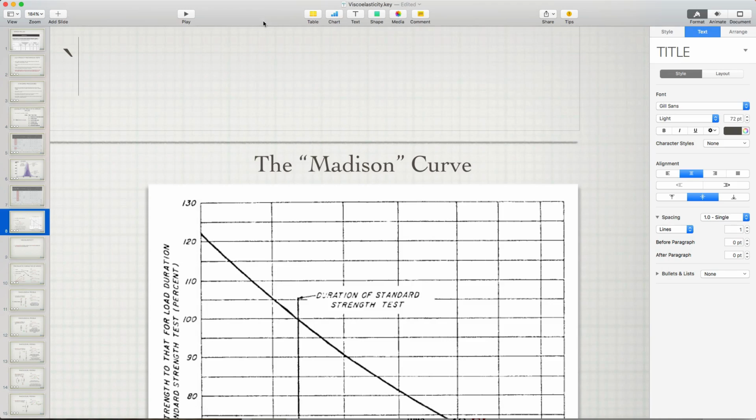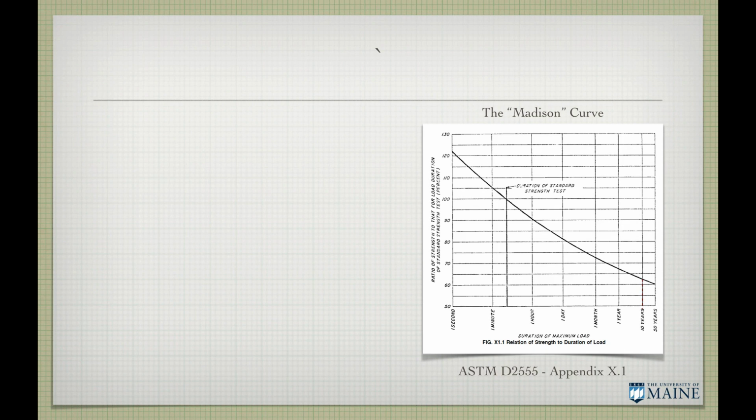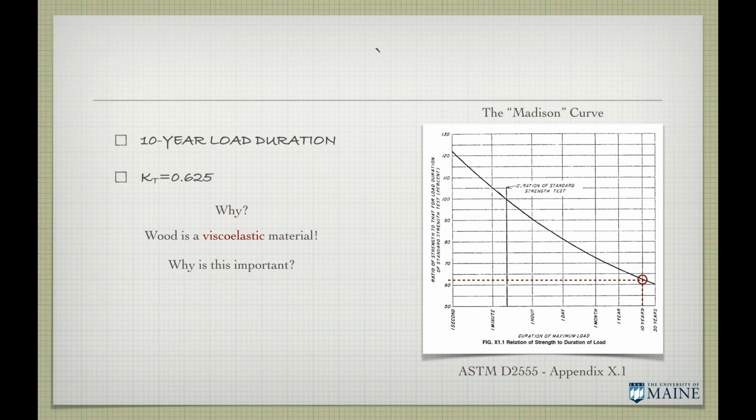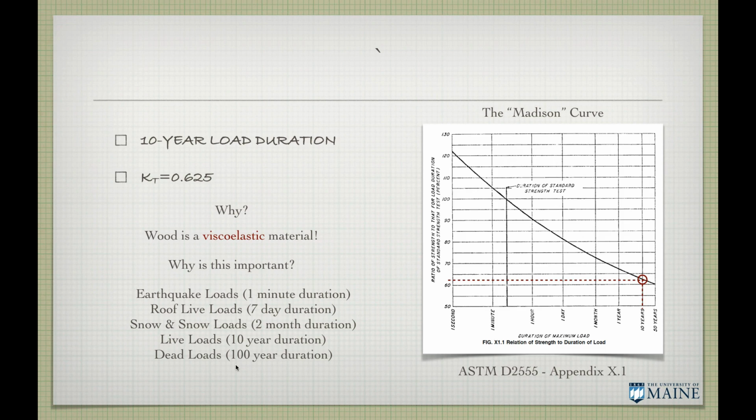So that's 10-year, 0.625, viscoelastic. Okay. So a structure exhibits other types of loads. You have what we call the dead load, and dead load is the weight of the structure itself.